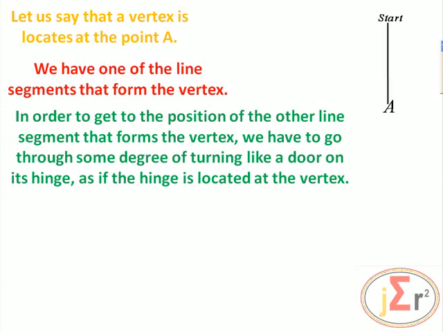So let us repeat that. In order to get to the position of the other line segment that forms the vertex, we have to go through some degree of turning, like a door on its hinge, as if the hinge is located at the vertex. So we turn like that.